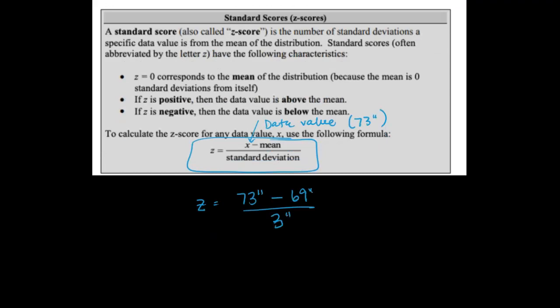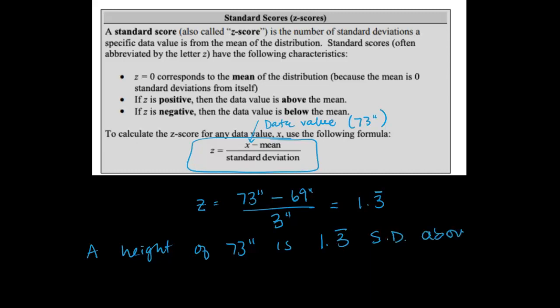And so then if you subtract 73 minus 69 and then divide by 3, you should get 1.3 repeating, and it means a height of 73 inches is 1.3 repeating standard deviations above average.